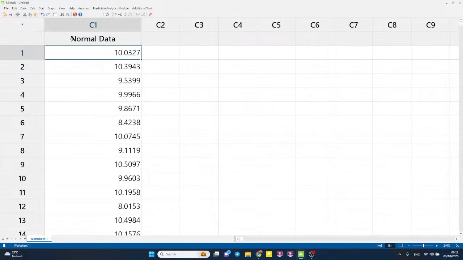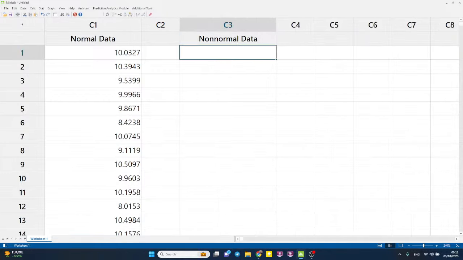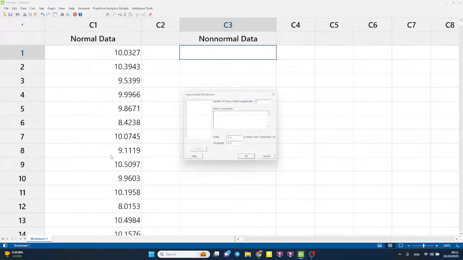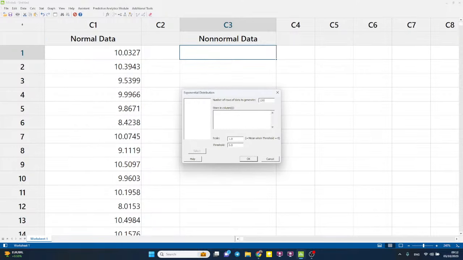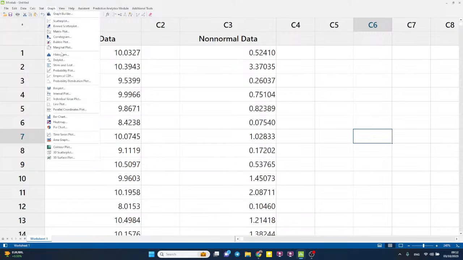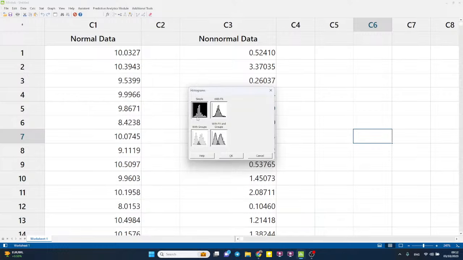Normal data, non-normal data. Yeah, so even without exploring how histogram operates, let me show you guys here.